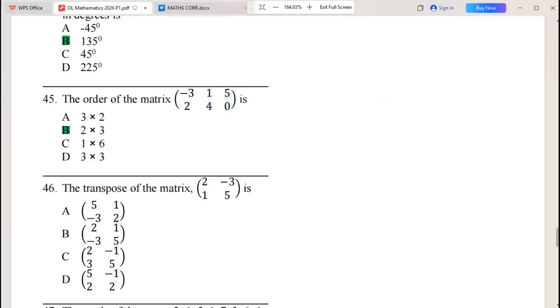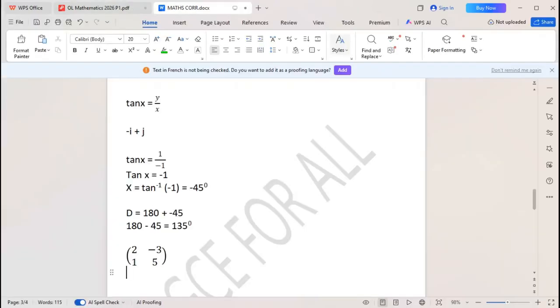Question 46. The transpose of the matrix 2, 1, minus 3, 5 is. To find the transpose of the matrix, you simply interchange the rows by the columns. That is, the rows become the columns and the columns become the rows. So let's call our matrix M, which is equal to this. M transpose, which is denoted by M with a T on top, is equal to, we said we interchange the rows with the columns.